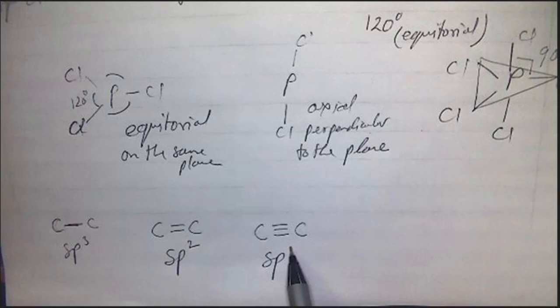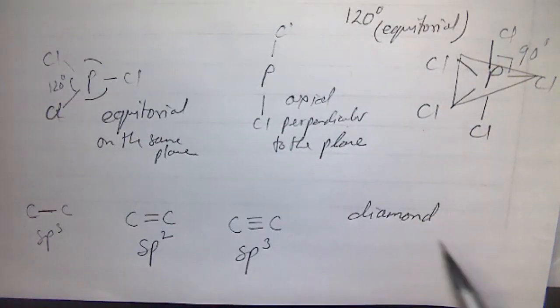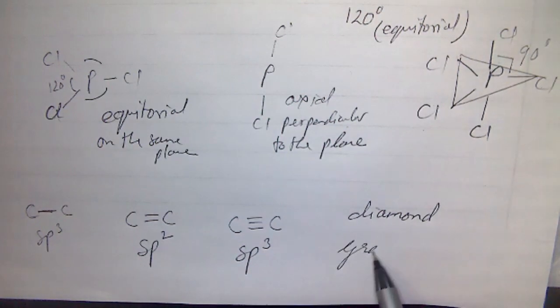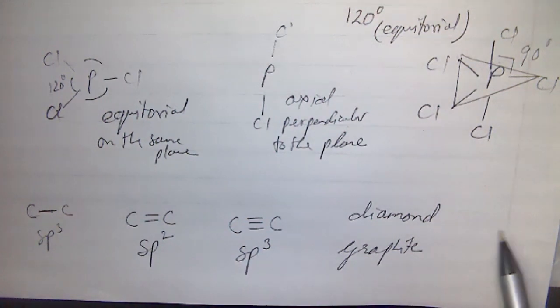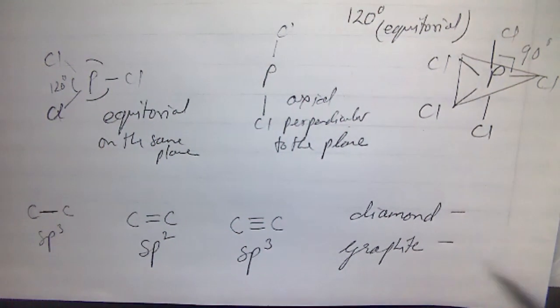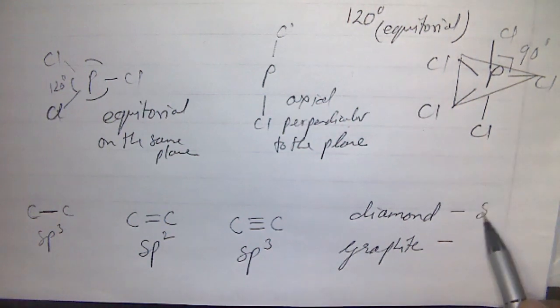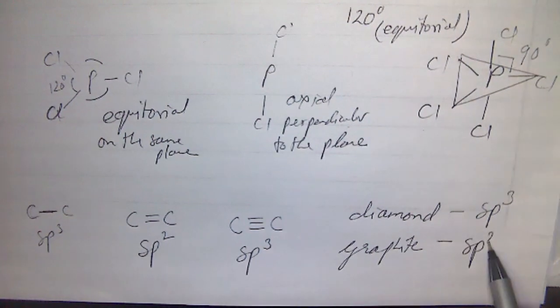Some commonly asked things, if I say diamond is made up of carbon, graphite is also made up of carbon. Diamond and graphite, the structures are completely different from each other. Why? Because the carbon here, they are differently hybridized. Here it is sp3 hybridized, and this is sp2 hybridized.